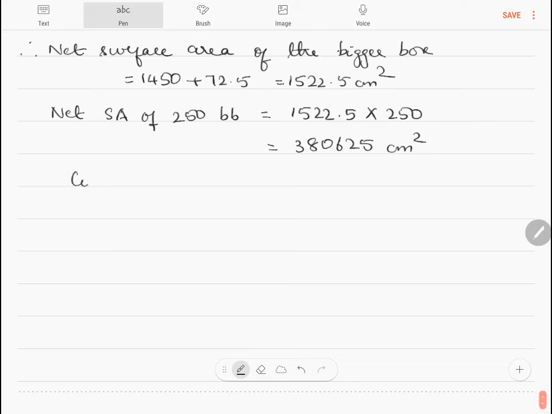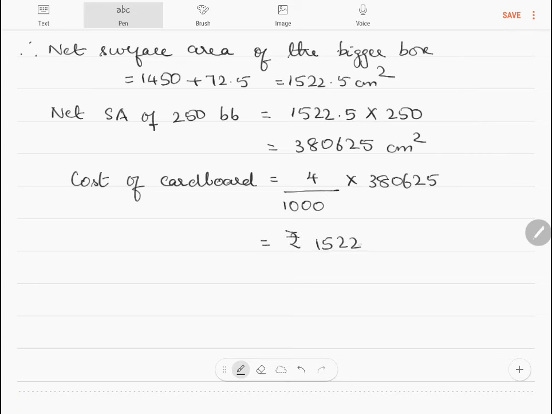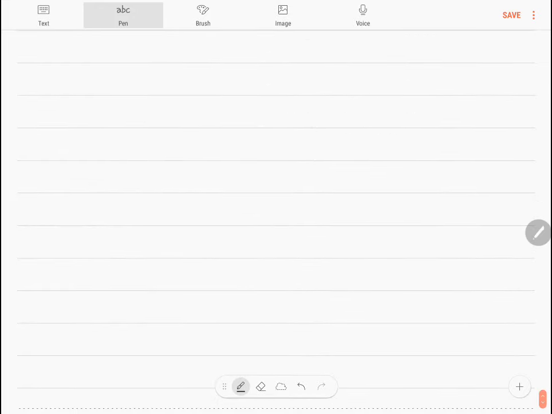So the cost of cardboard here will be equal to 4 divided by 1000, because 4 rupees for 1000 centimeter square. So it will be 4 divided by 1000 of this value, because we have to find the cost for this area, which is equal to rupees 1522.50.